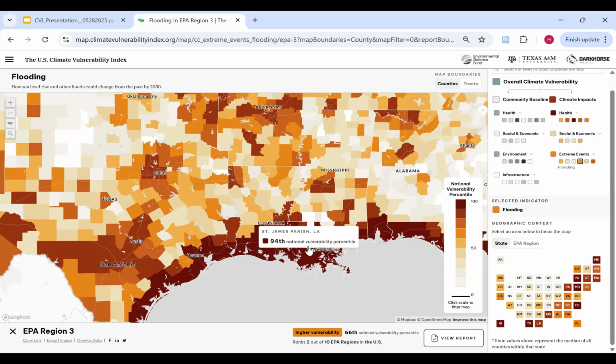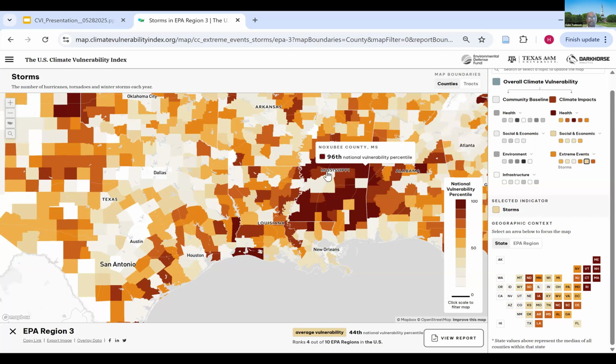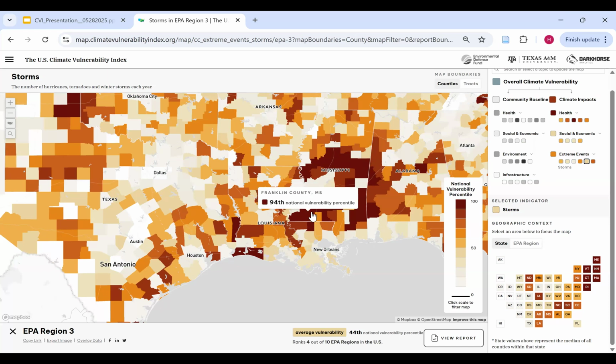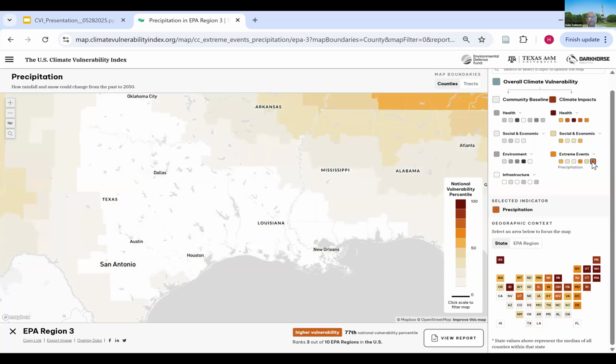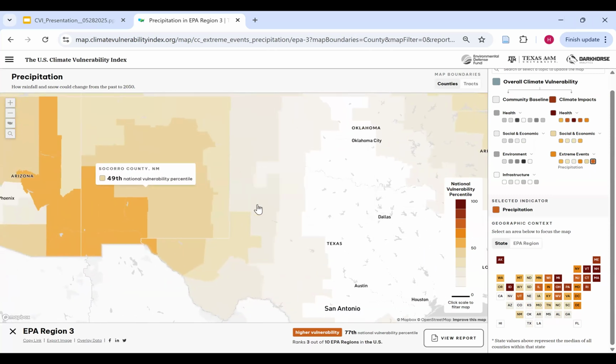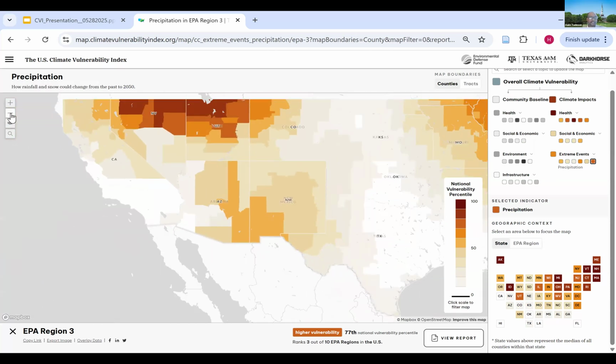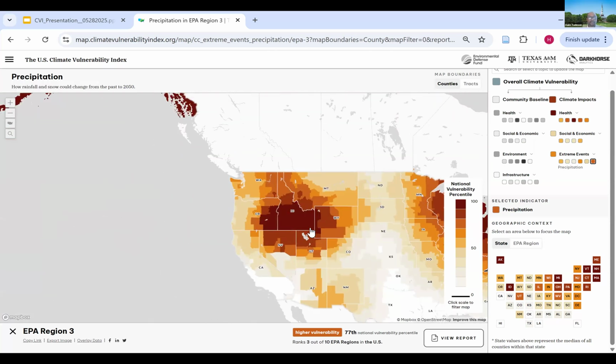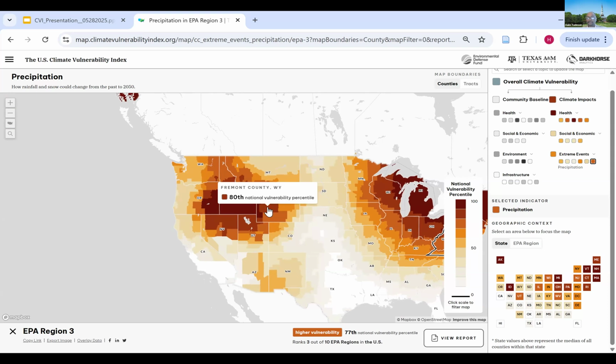Flooding 95, 97, 90 something nationally. Storms is around Mississippi. Yeah, we know. Mississippi. Precipitation. Oh, yeah, that doesn't look right. Precipitation, maybe it's related to drought. Okay, something here.